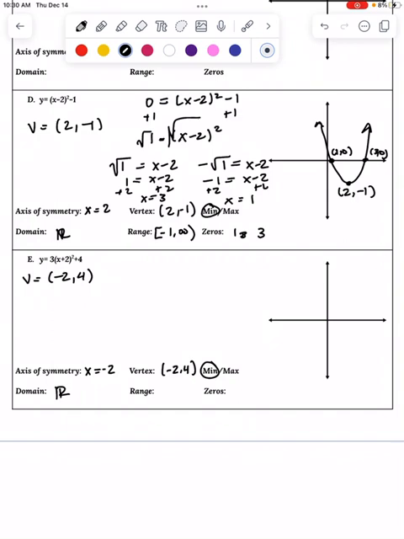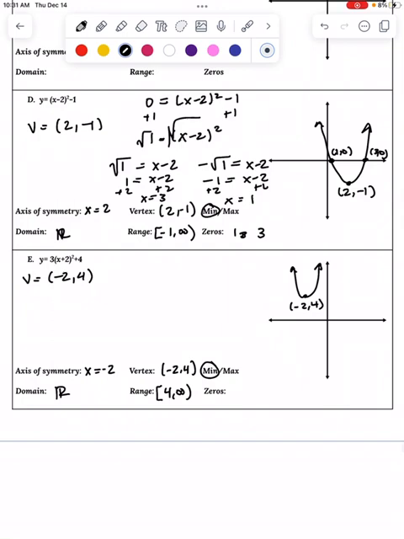Let me just finish this last question for us. So again, I'm plugging this into my calculator so I can see the graph. -2, 4. And my range lowest value is 4 to infinity.